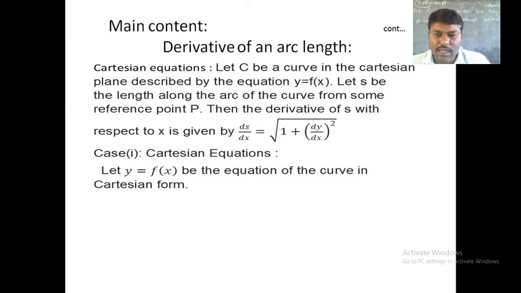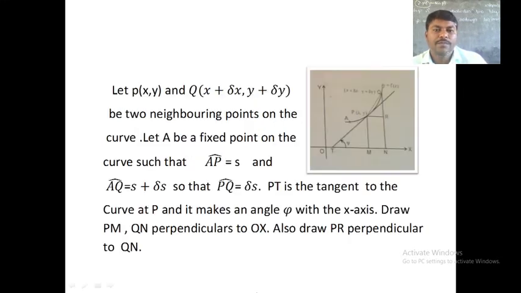First, we have to consider Cartesian equations. Let y is equal to f of x be the equation of the curve in Cartesian form. So this is the curve y is equal to f of x. Let P of (x, y) and Q of (x plus delta x, y plus delta y) be two neighboring points on this curve.